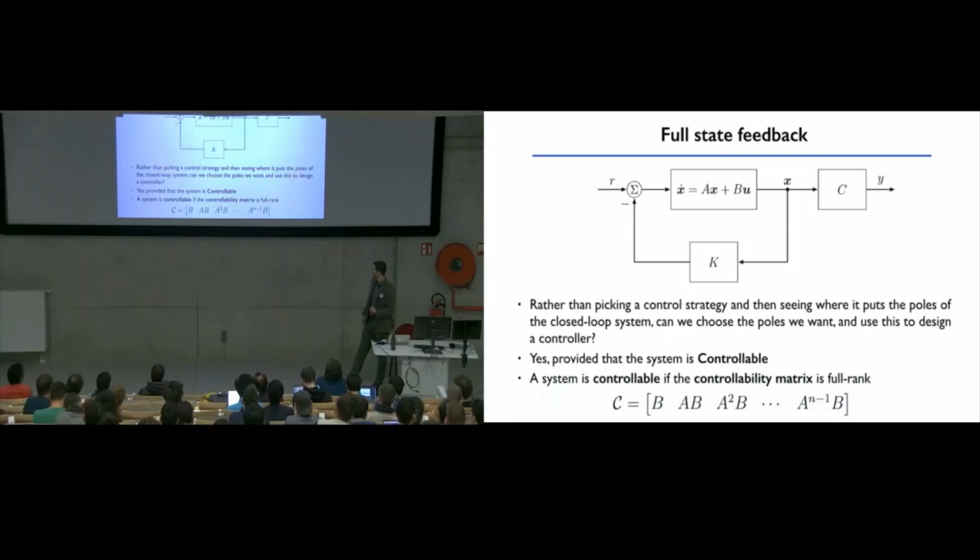But that controllability can be tested through looking at the rank of the controllability matrix, which is what you get if you stack together your input matrix, or vector B, with successive powers of A. And so it turns out that computing the rank of this matrix will determine whether your system is controllable. Which means, at the end of the day, as I said before, you can drive the system to whatever state you want, but also you can design a controller that will put poles wherever you want them.